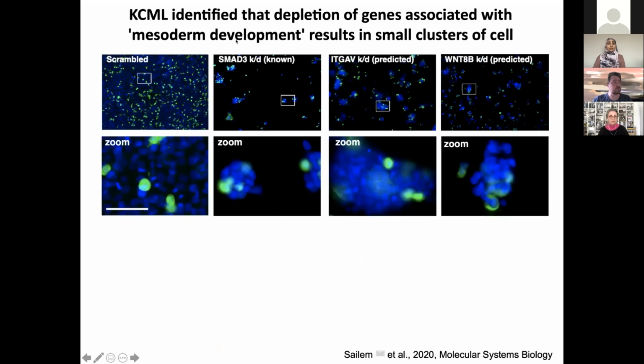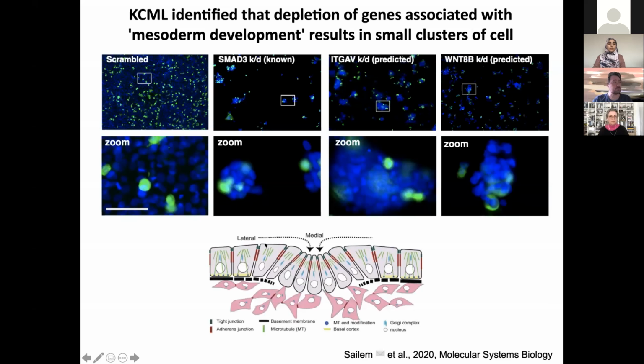Here I'm showing some other examples also predicted to play a role in mesoderm development: genes involved in TGF-beta signaling, integrin signaling, as well as Wnt signaling. This is very interesting because most of the genes that came up in this analysis and were associated with this function were enriched for colorectal cancer pathways. So it seems like they really might have a role in cancer progression.